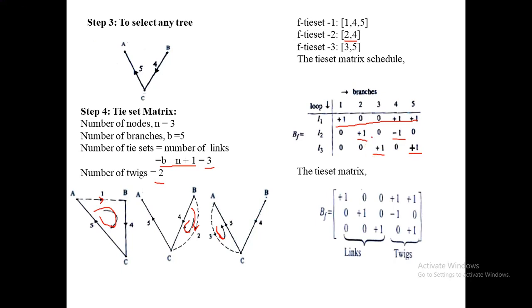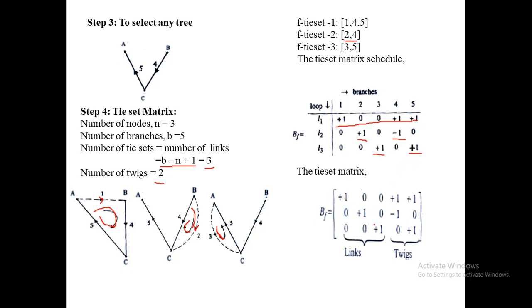This is the tie-set matrix schedule. Next we have to write the tie-set matrix. For that, we write the identity matrix from this tie-set schedule. Here it has 3 rows, so we write the 3 cross 3 identity matrix. We know that the identity matrix has 1 on the diagonal.